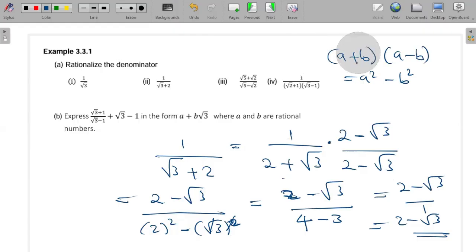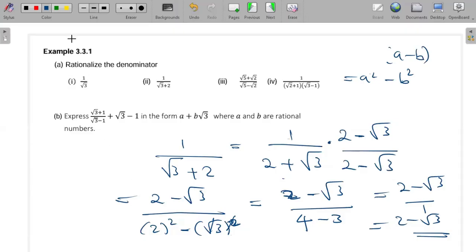All right, so that's the question. How did you end up with 1 over 2 plus square root of 3 multiplied by 2 minus square root of 3 over 2 minus square root of 3?